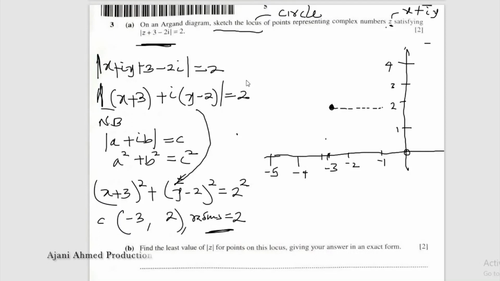From the center 2 vertically to 4, that's a radius of 2. Horizontally from minus 3 to minus 5 on the other side, that's a radius of 2. Vertically from 2 downward to 0, that will be a radius of 2. So then we can now draw our circle.